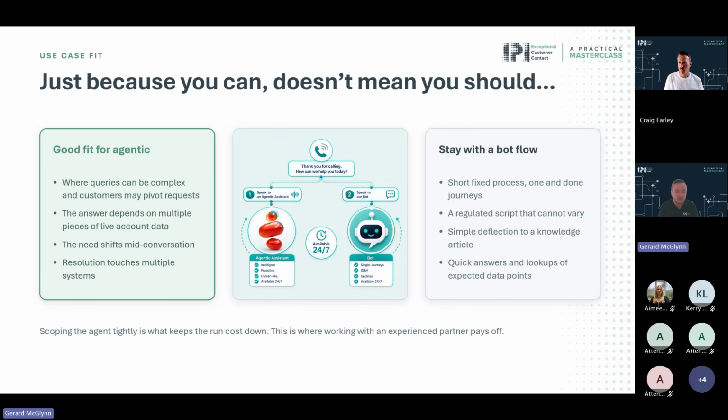They may need to pivot to get the request answered and processed. The answer is reliant on multiple streams of data, not just a singular source of the data that it needs, and it can shift mid-conversation. So if I'm talking about one thing, but also now it sparks something in my mind to talk about this, the agentic virtual agent can adapt to that as well and move forward with that.